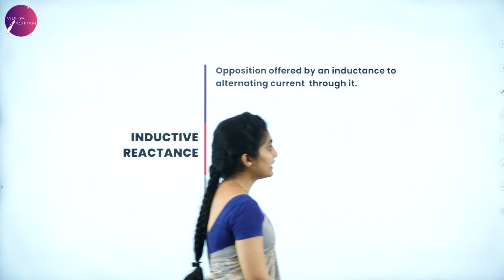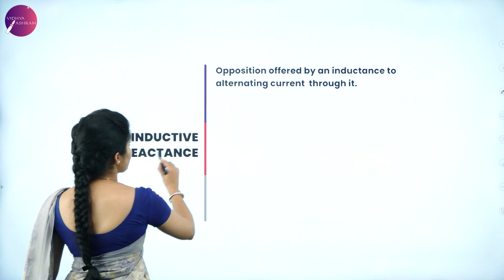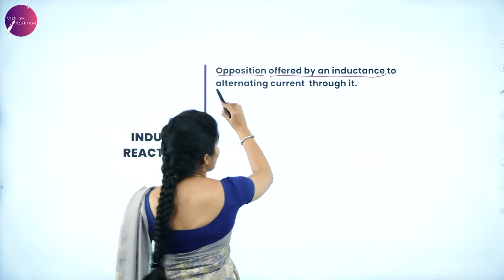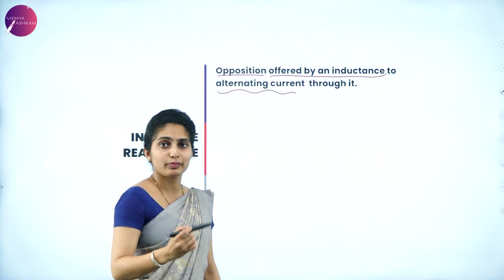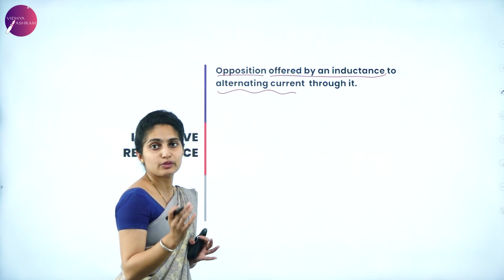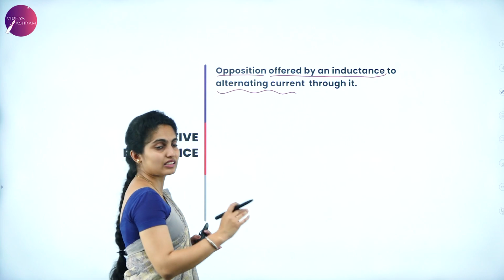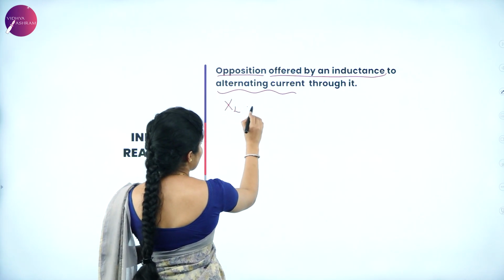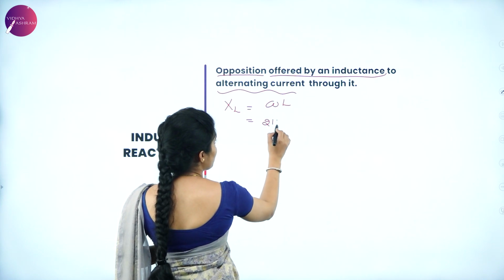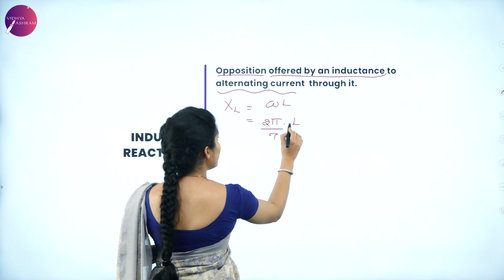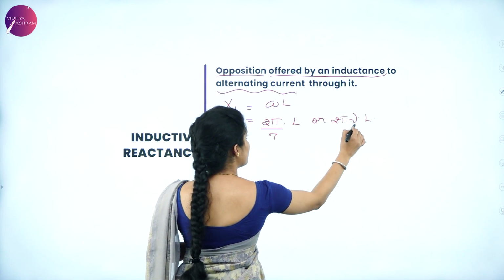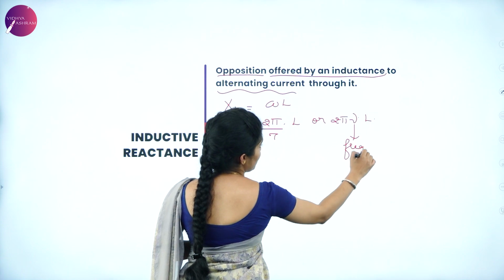So how does the inductive reactance work? It is the opposition offered by an inductor having certain inductance to the alternating current which is passing through it, and it is called inductive reactance, given by X_L, which is equal to omega L. Omega can be 2 pi by T into L, or it can also be written as 2 pi nu into L, where nu is the frequency.